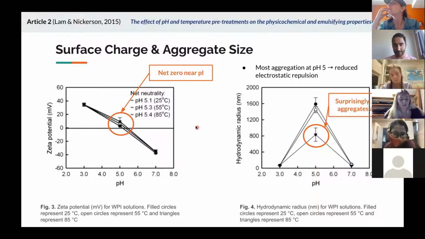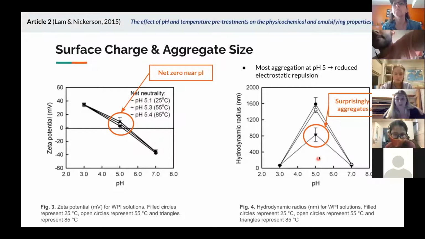The charge of the protein relates to the electrostatic attractive and repulsive forces, which can lead to high solubility or protein-protein interaction and aggregation. So looking at aggregation, we can see that at pH 5, due to a reduced electrostatic repulsion, there's more aggregation via hydrophobic and other non-covalent bonding of the alpha-lactalbumin and beta-lactoglobulin.